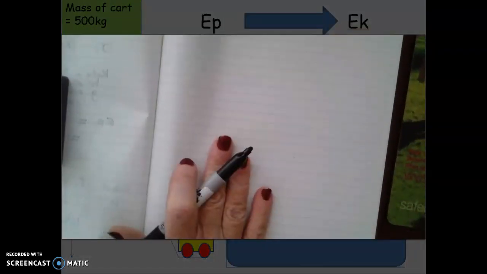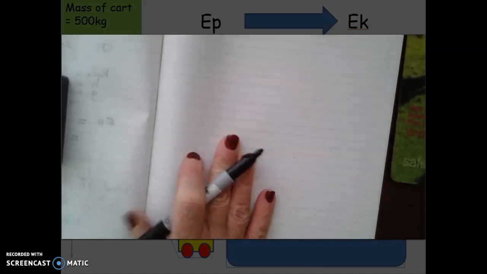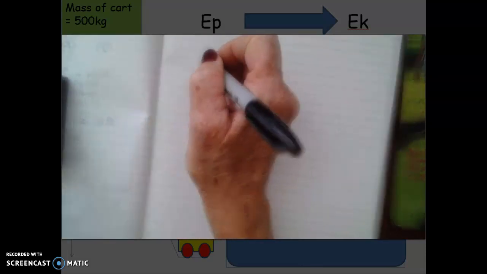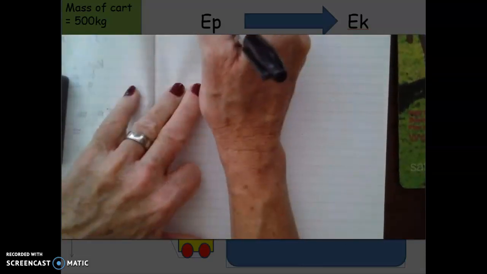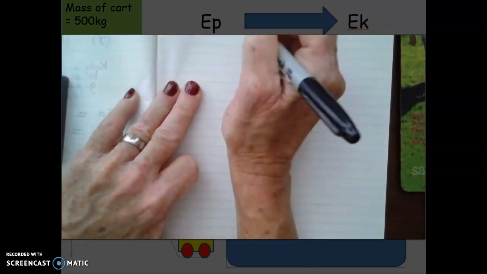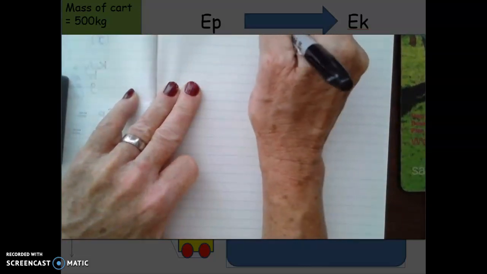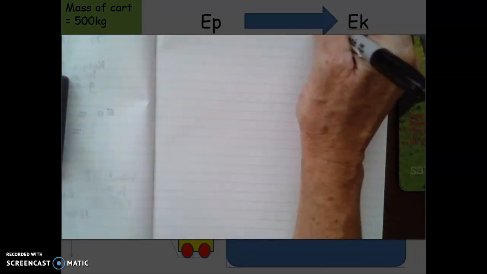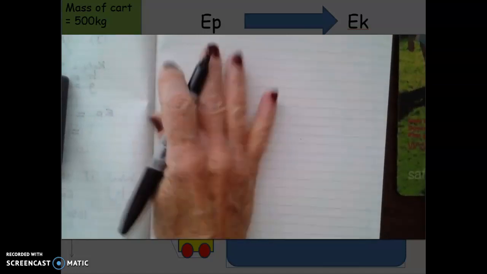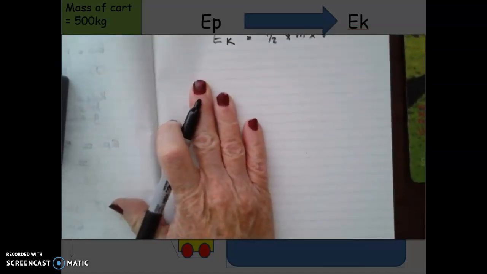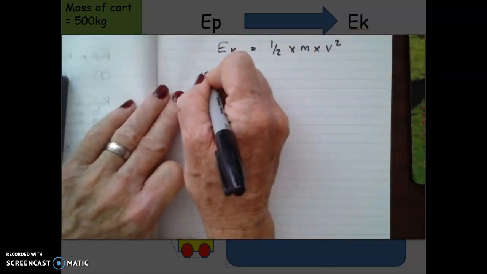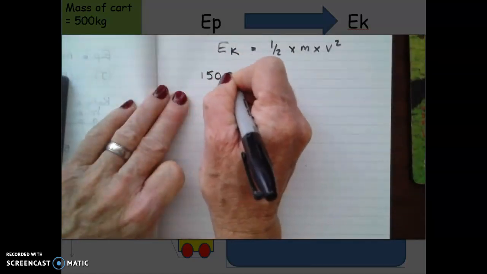Okay, so here we go. Let's write the equation out. That's where I always start from. EK equals half times m times v squared, and I know my EK is 150,000 joules.